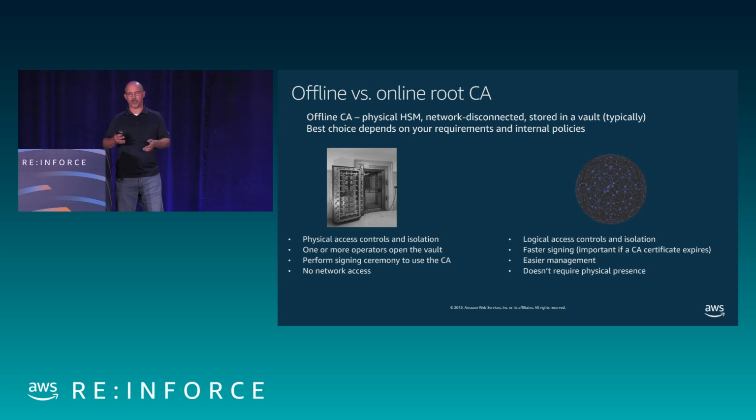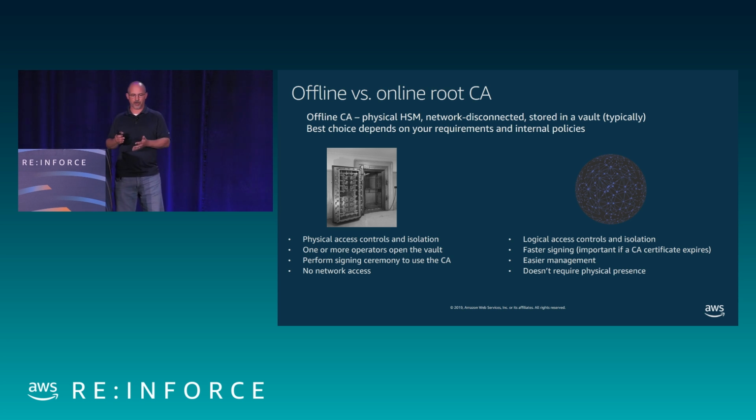And on top of that, usually the HSM has additional controls. You may have multi-person access. You may need 4 security officers out of 6 to walk around the HSM and enter their PIN codes before the HSM is operational. Of course, the alternative is logical access controls on an online CA, an online root CA.